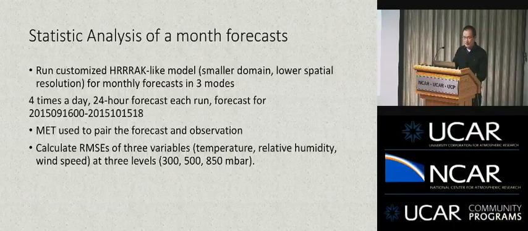We use the MET tool to pair the forecast with the observation, and we calculate the RMSE of 3 variables, the temperature, RH, and the wind speed, at 3 pressure levels.